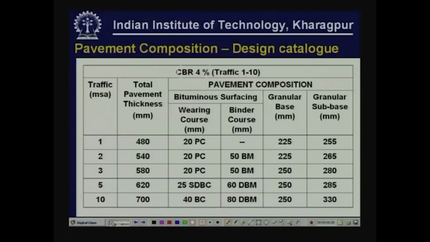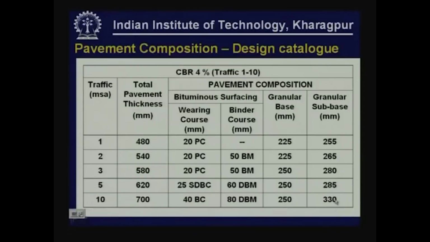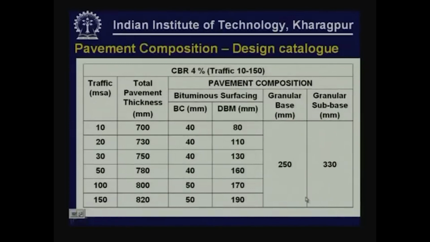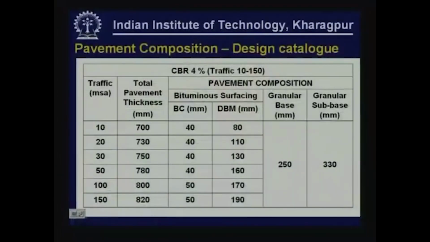Similar tables are available for traffic intensities for 10 to 150 for different subgrade CBR values. So, you will have a number of tables available in IRC 37 for different traffic intensities, different subgrade values and for different types of materials.